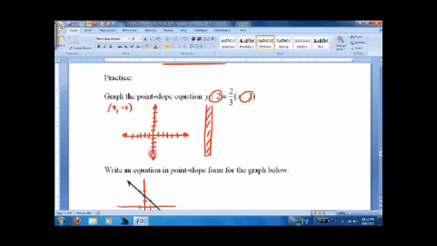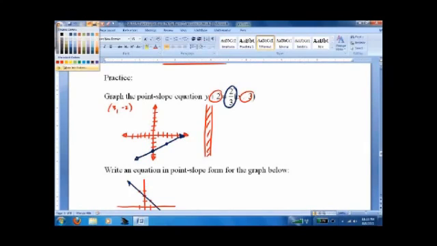Since we know that point is on there, we just pluck that point out: 3, down 2. Then we use the slope of 2/3. Goes up 2 and to the right 3, or down 2 and to the right 3. And we can graph that way.